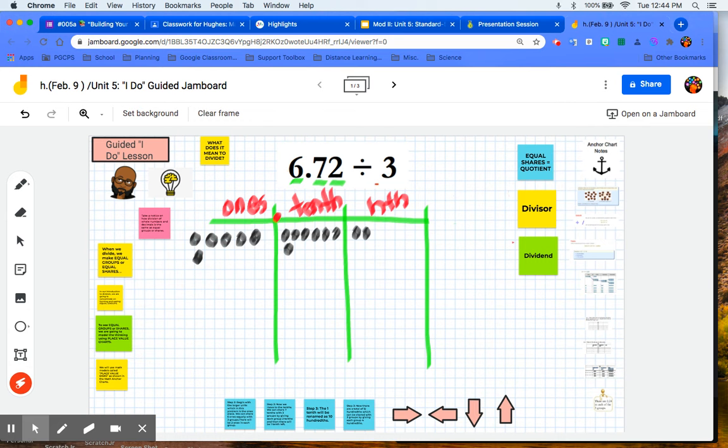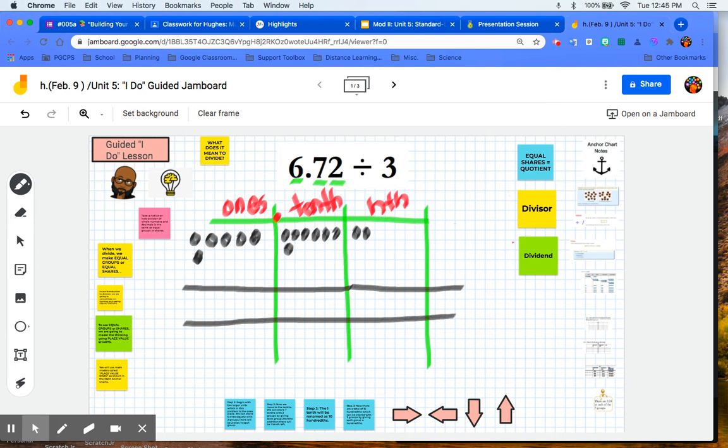Now, what about the divisor? The divisor is saying how many equal groups you have. So for every number, I make an equal group in my chart. 1 group, 2 groups.